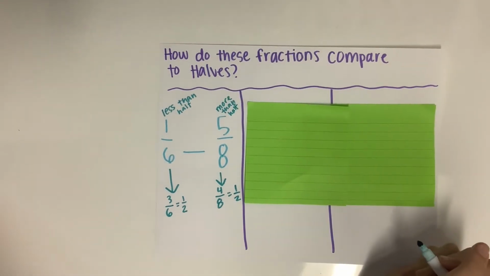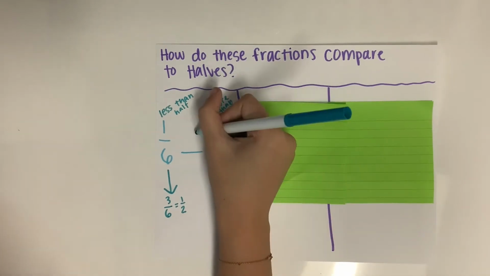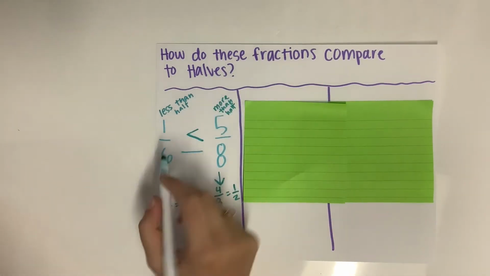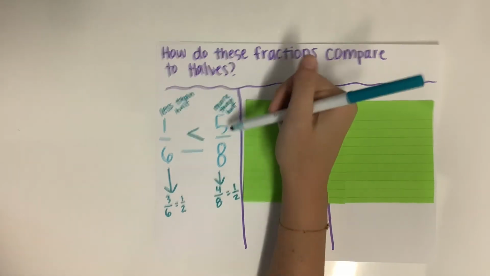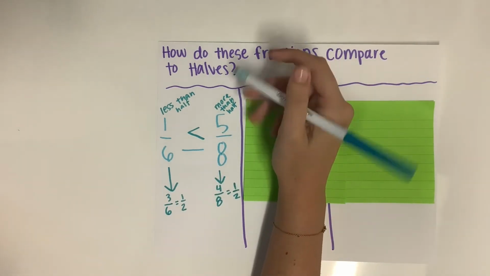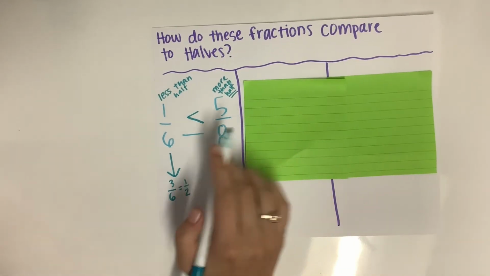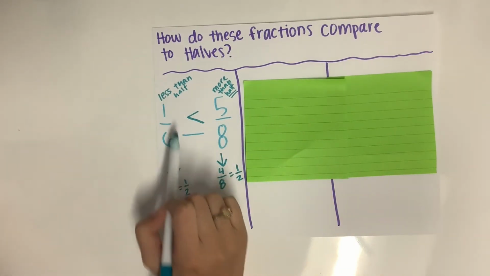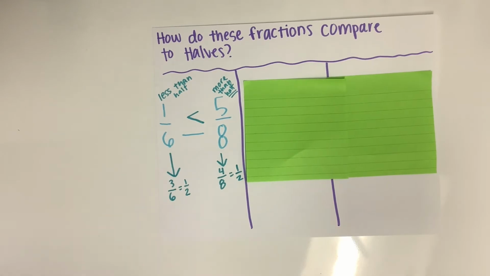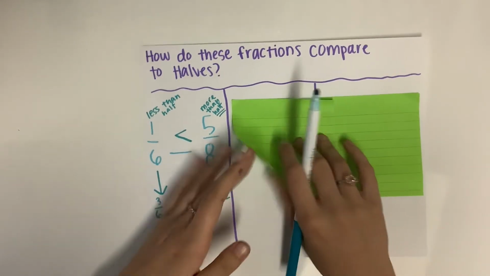So which fraction do you think is greater? Good. 1/6 is less than 5/8. 5/8 is the bigger fraction. It's more than halfway to a whole, whereas 1/6 is less than halfway to a whole. All right, let's look at the next one.